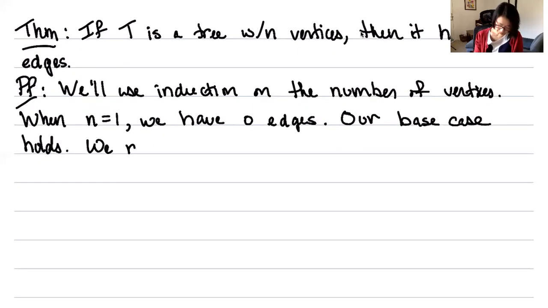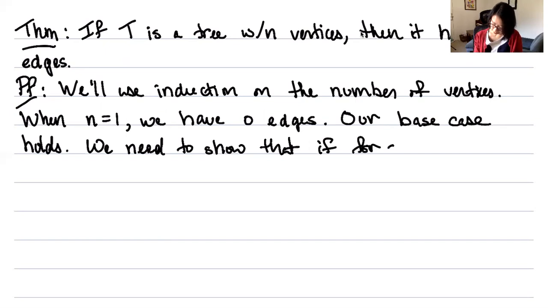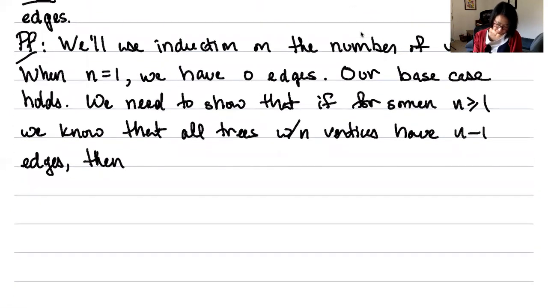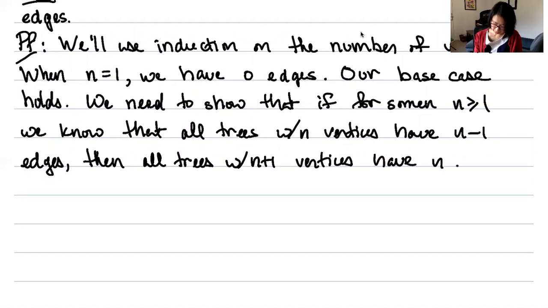So now we need to show that if, for some n greater than or equal to 1, we know that all trees with n vertices have n-1 edges, then all trees with n+1 vertices have n edges.